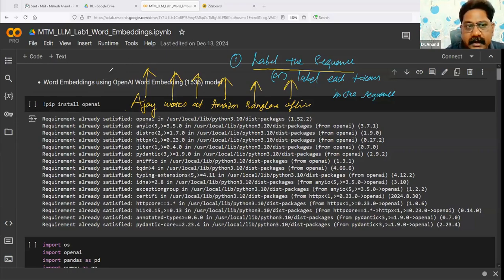But if my application is focused only on named entity recognition, one output label I reserve for the name of the person, another for organization name, another for location, and the fourth label for others. Others in the sense all the connection words.